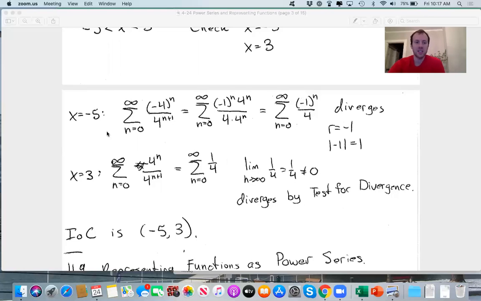So what this means is that neither of the endpoints actually works. If we put either endpoint in, you get a divergent series. So the interval is only -5 to 3. And we knew it would be at least that, but the question is, do we add on either of the endpoints?